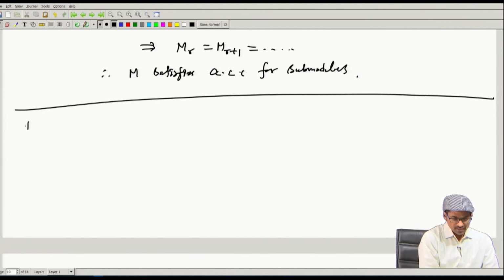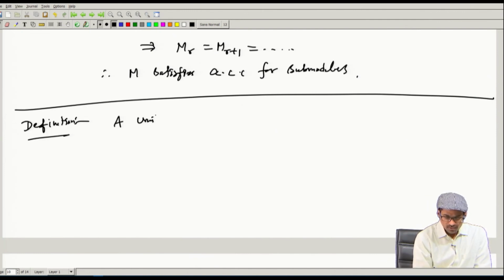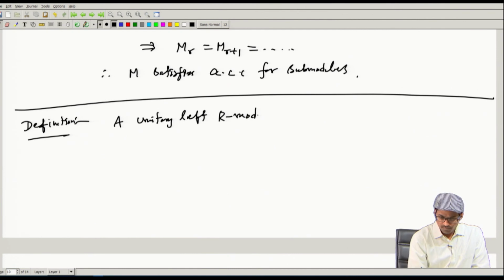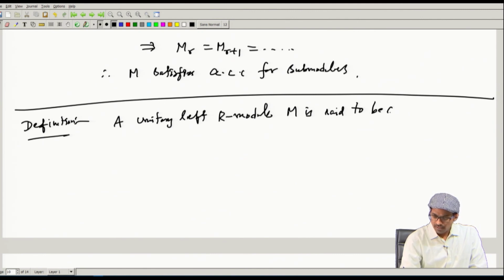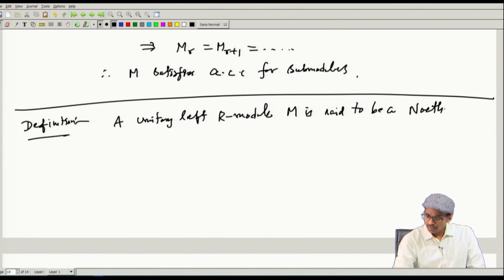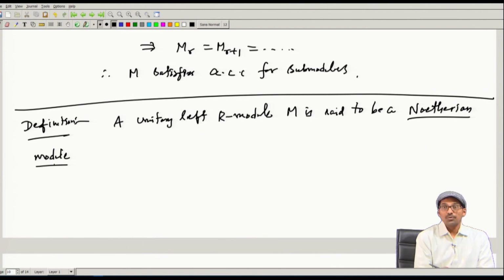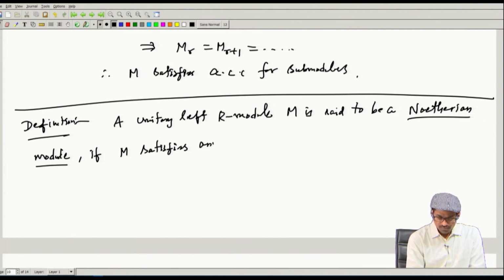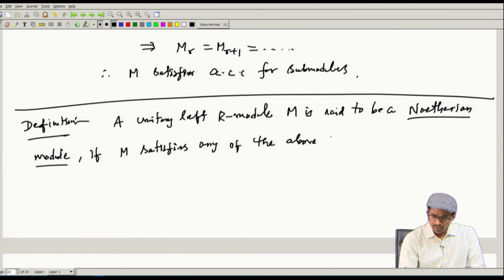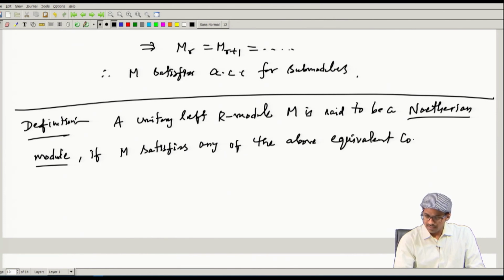Now, the definition: a unitary module M over a ring is said to be a Noetherian module if M satisfies any of the above equivalent conditions.